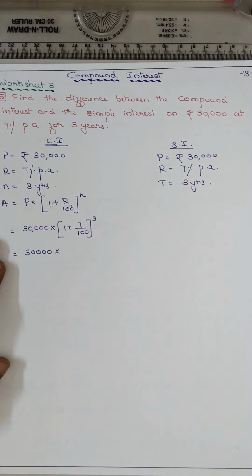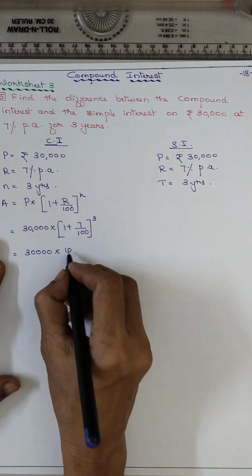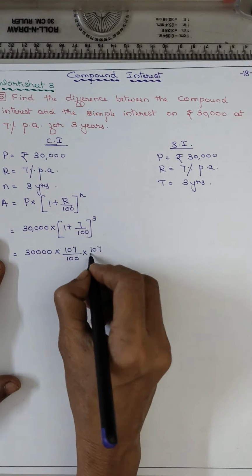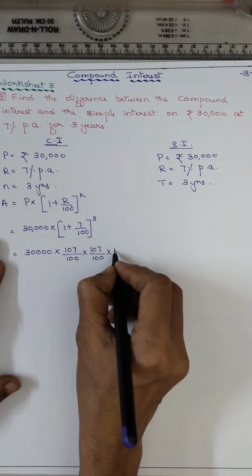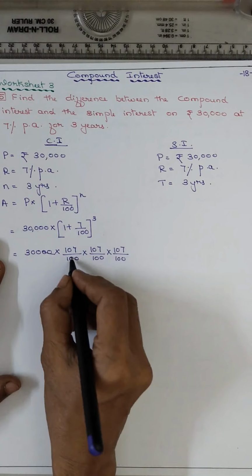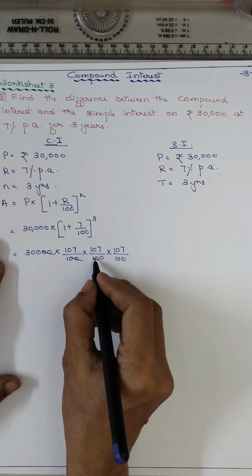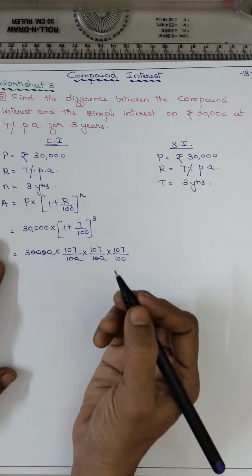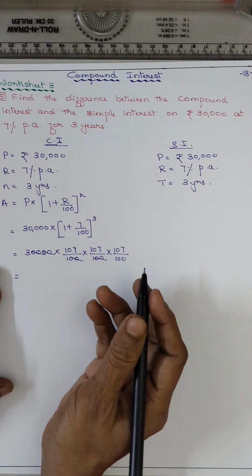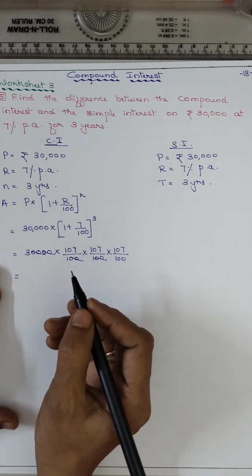Now no cancellation, so it becomes 107 upon 100, 3 times. Two zeros cancel. Now multiply 107 3 times and into 3.